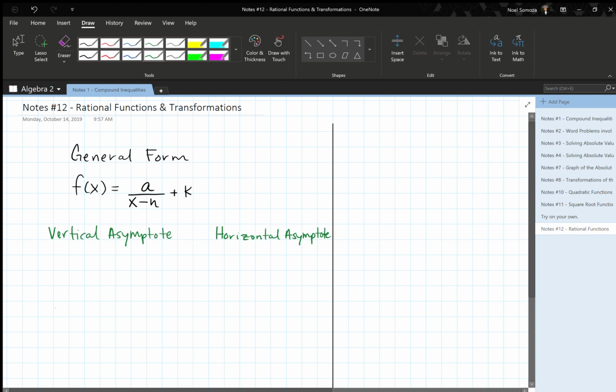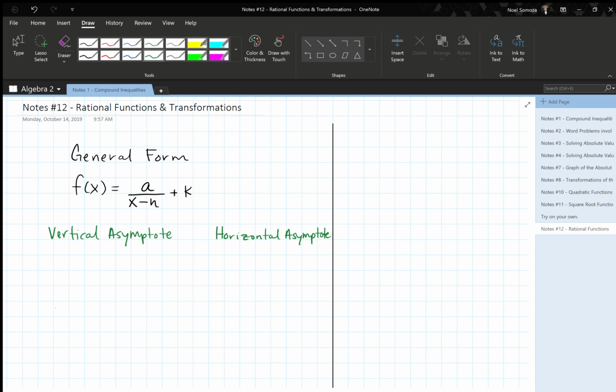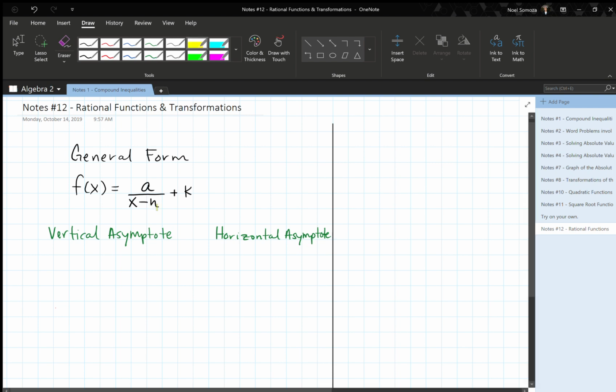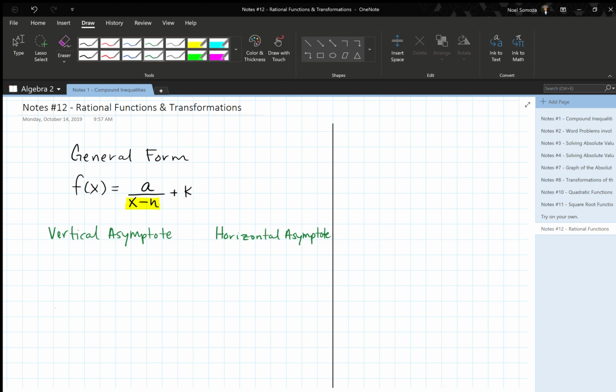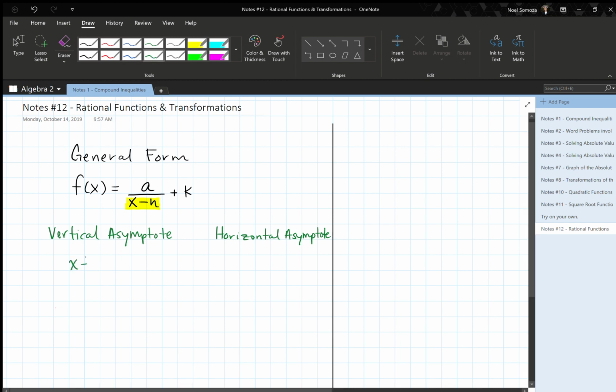In order to find the vertical asymptote, it's quite simple. We take the denominator, which in this case is x minus h, and we set that equal to 0. Make a little note here: set denominator equal to 0.